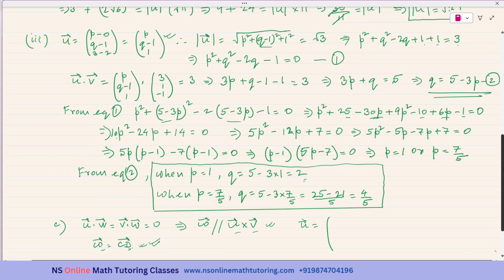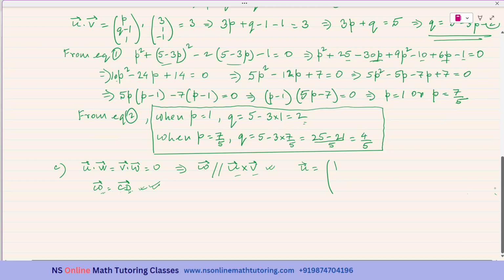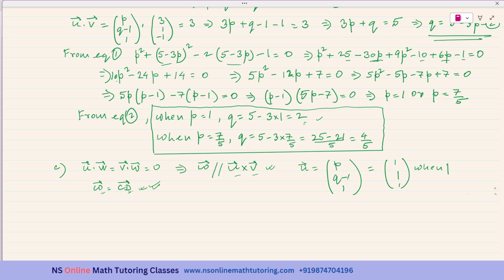So what was the U vector? U vector was P, Q minus 1 and 1. P was said to be equal to 1, therefore it is 1, and when P was equal to 1, Q was equal to 2. So 2 minus 1 is 1, and 1. And what was the V vector?